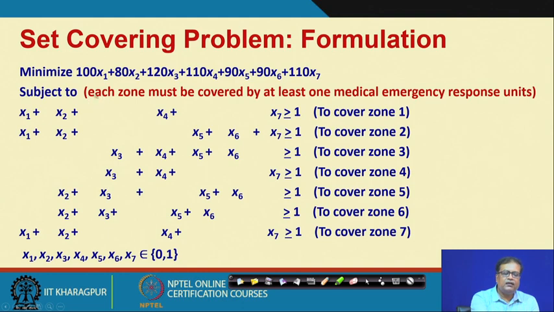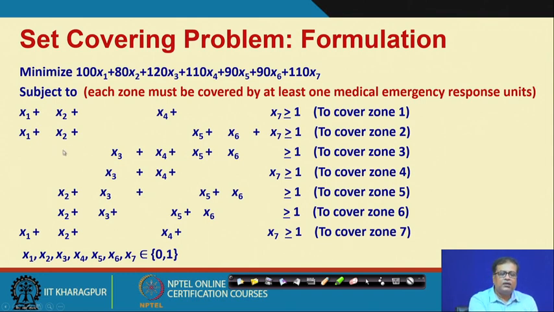So, if I locate x1 number in the first, the total cost will be this, that should be minimized, and our constraint is x1 plus x2 plus x4 plus x7 should be greater than or equal to 1. Is it okay?